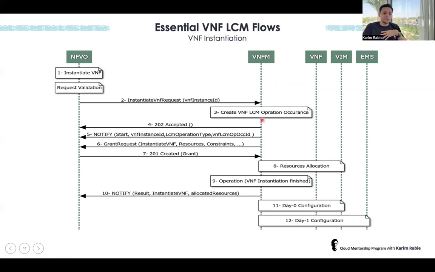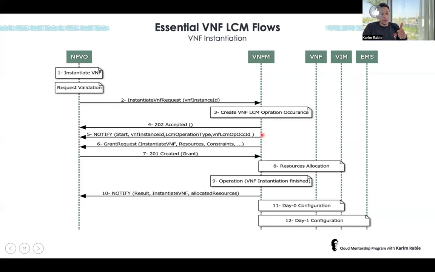Then VNFM starts to do something called create VNF lifecycle management operation occurrence. So VNFM is saying that I'm going now to work on this activity, and that's somehow a new context or an ID for that kind of activity. VNFM replies to NFVO, I accepted your request.